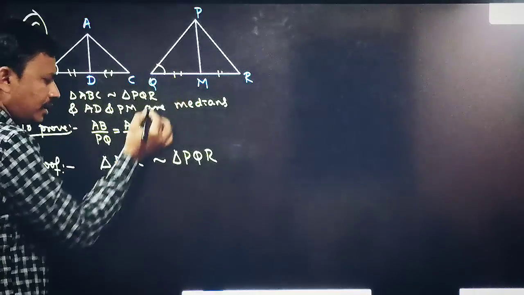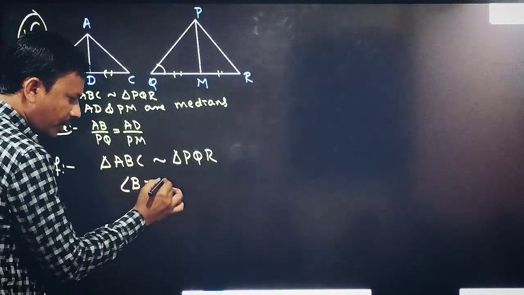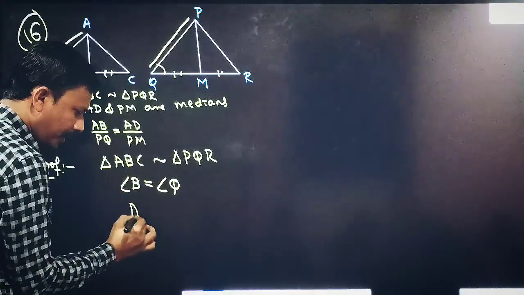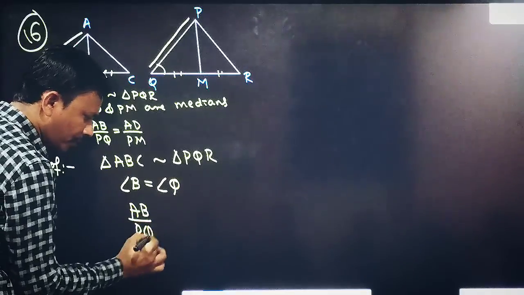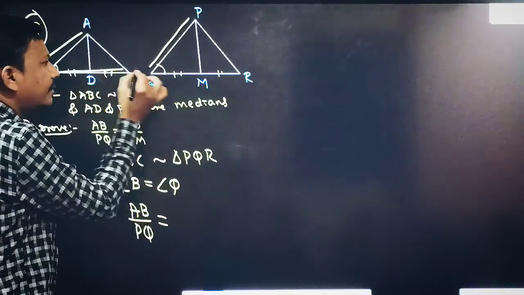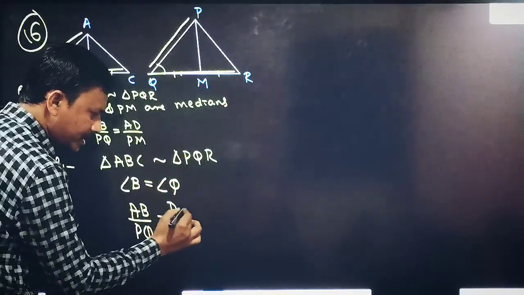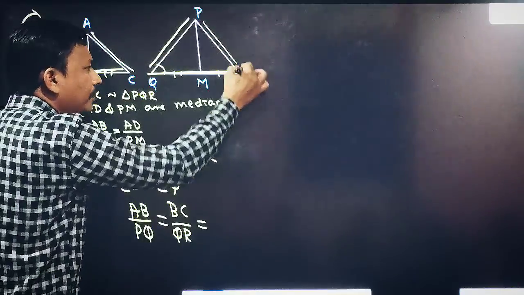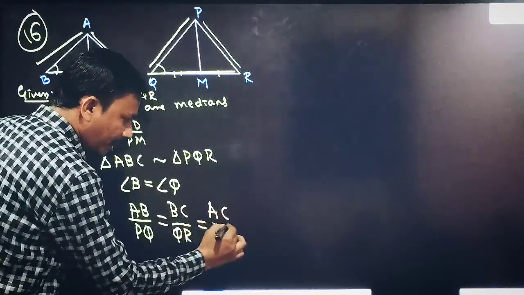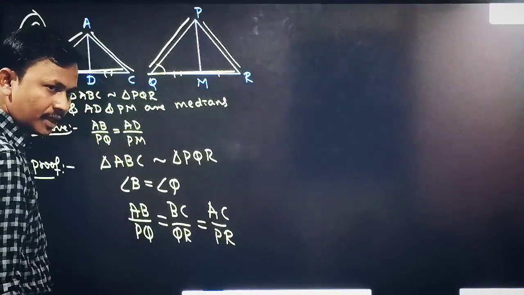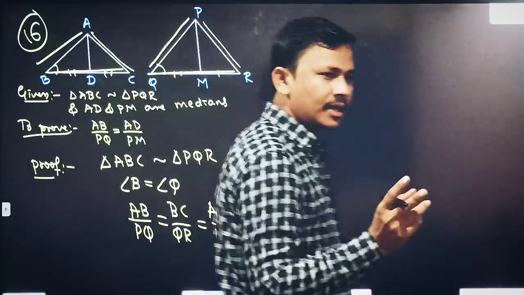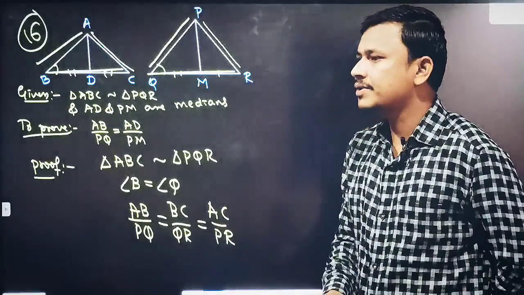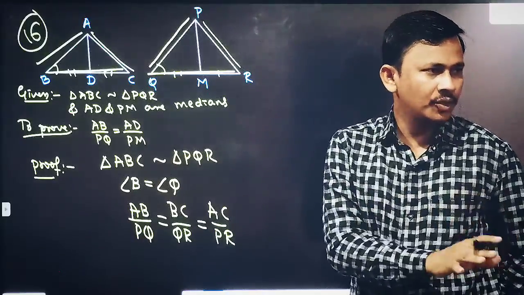Angle B is equal to angle Q. Then AB divided by PQ is equal to BC divided by QR is equal to AC divided by PR. Correct? Because these two triangles are similar. Triangles are similar, nothing but what? Corresponding angles are equal, and also corresponding sides are in equal ratio or proportion.